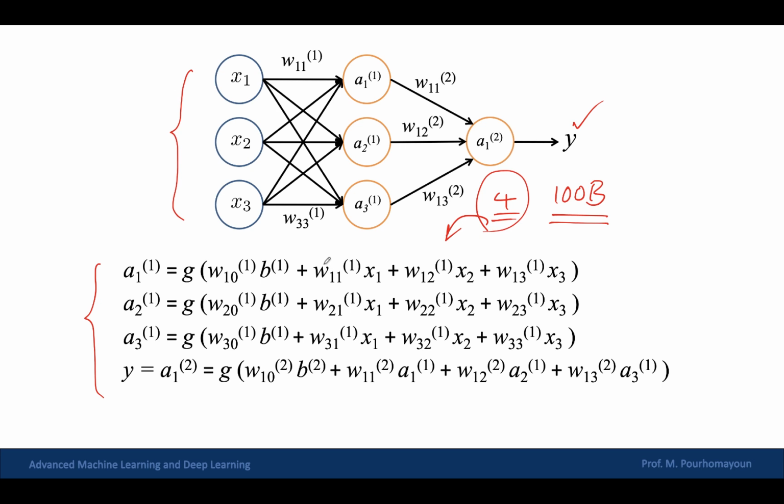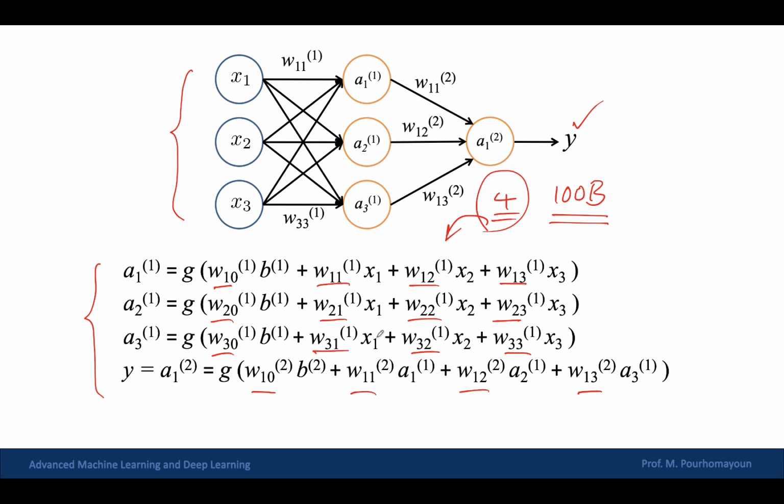Remember that these are the inputs, and y is the output. The unknown part of the equation is w. So these are the unknown part of the system, and we have to learn these unknowns. We have to find these unknowns from data. So in this case, we have 4 times 4, 16 unknowns, right?